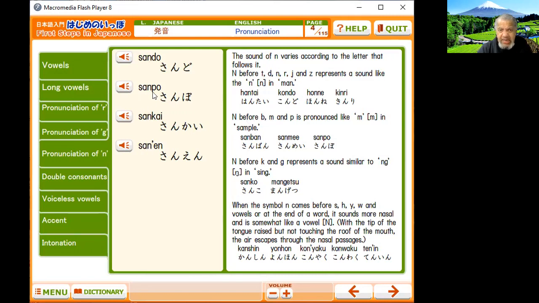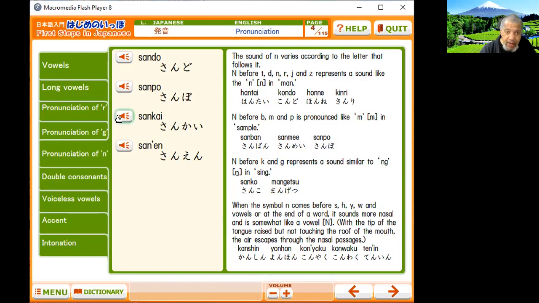So this is not sanpo, it's sampo. Like an M. Listen. 散歩 Sampo. Samban. Samme. Sampo.